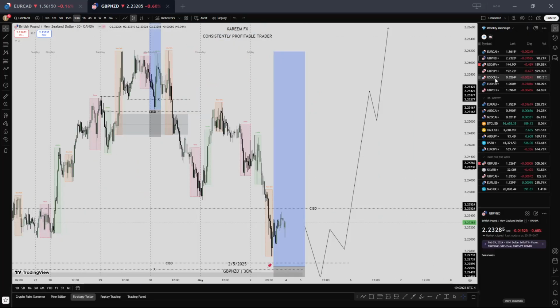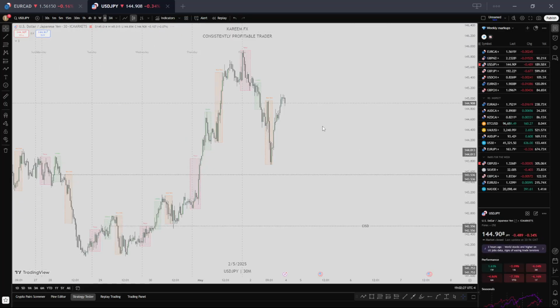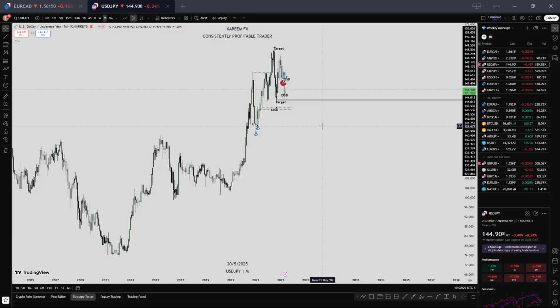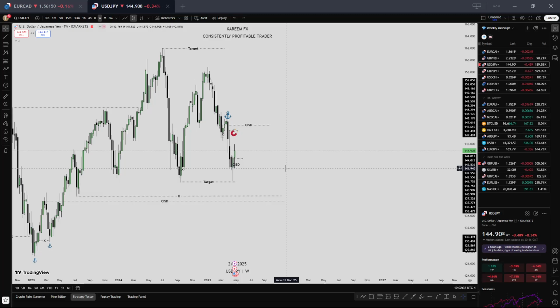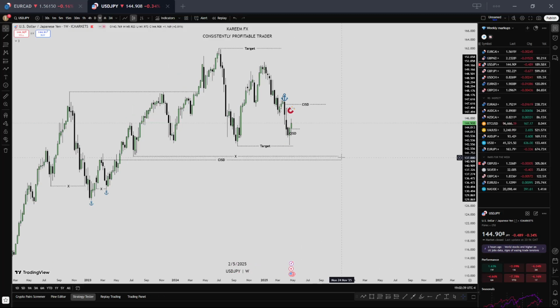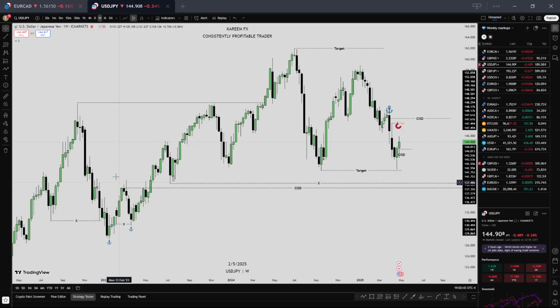Next pair, UG. For UG, long term, that's so messy right now. Long term UG, I'm bearish for UG. Why? Because if you look here, we've had a bit of structure here. Price came back.